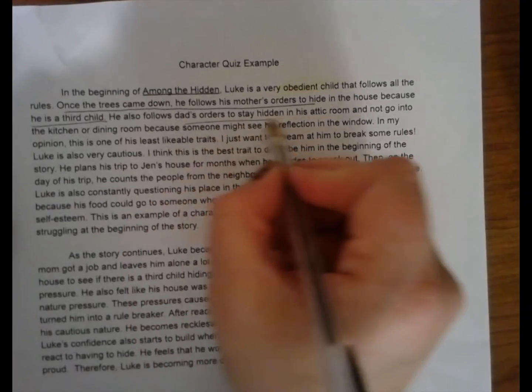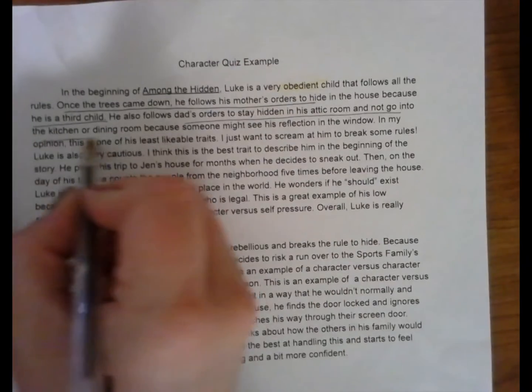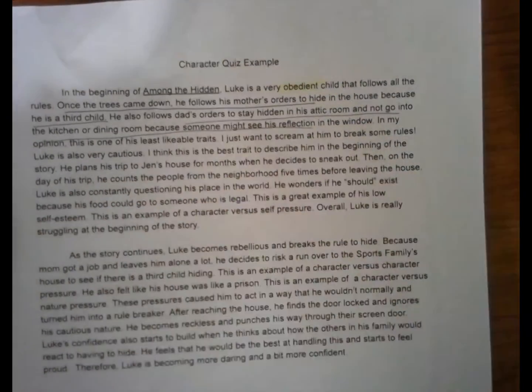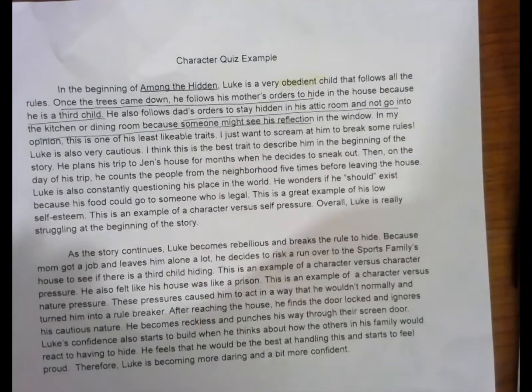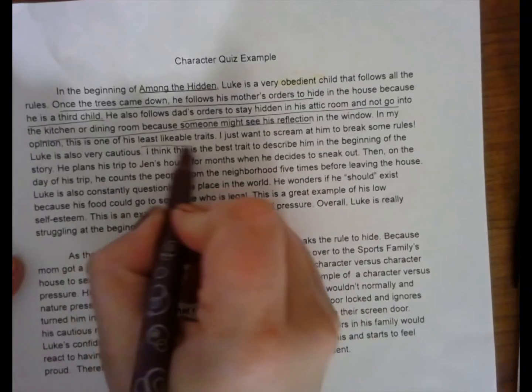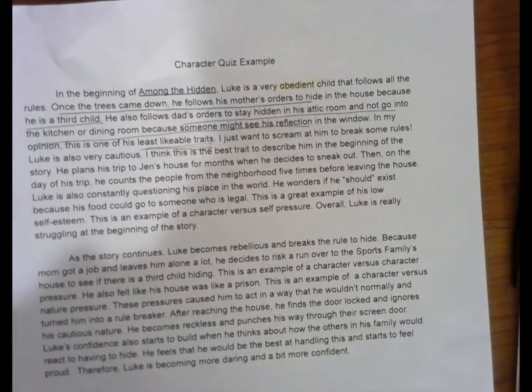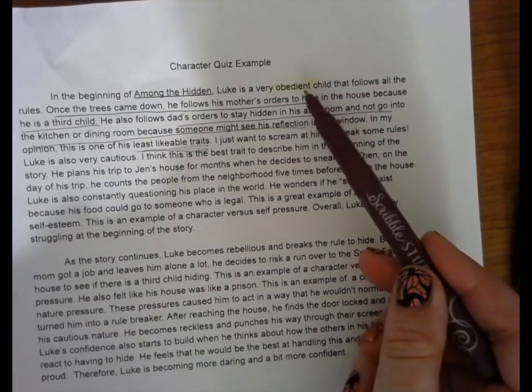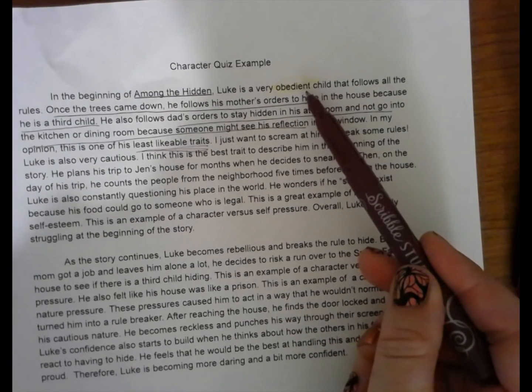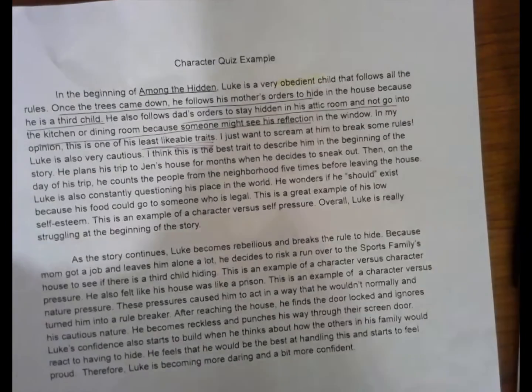He follows his dad's orders to stay hidden in the room and not go into the kitchen or dining room because someone might see his reflection. And then I did say, which I'm going to circle here, that this was a least likable trait. So here I have 1 least likable trait. Obedient is one of the traits I mentioned, because characters are complicated, and then the evidence to back it up.